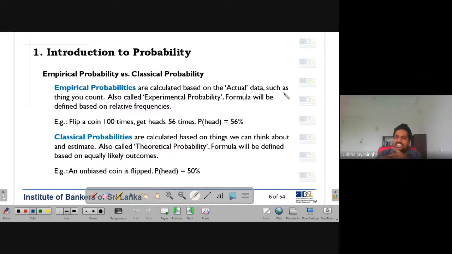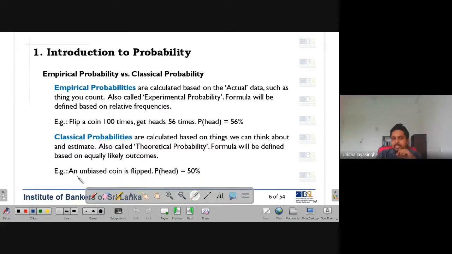No, not really. They just take a random unbiased coin, the umpire hands it over to the captain to flip, and everyone knows there's a 50-50 chance. Depending on heads or tails, everyone will accept the result without challenging. Such probabilities are called classical probabilities.